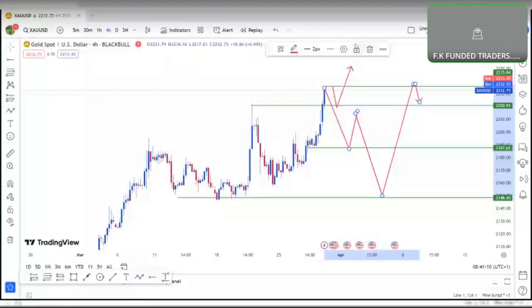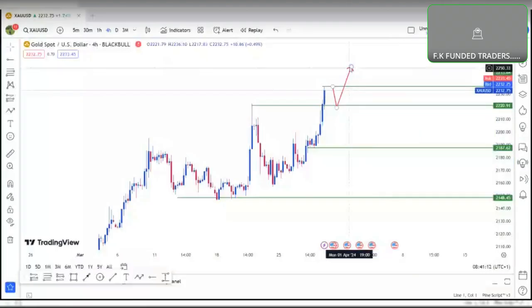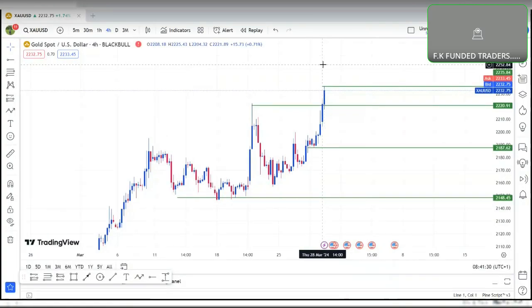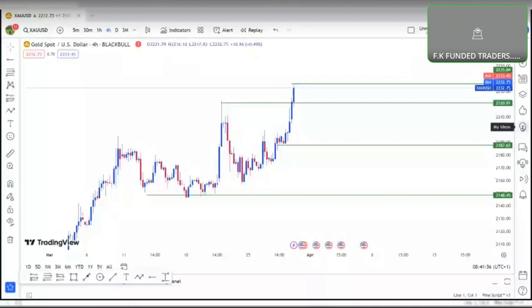All those are expectations, but you have to still analyze until we go to the 30-minute time frame, so that we can know whether today I'm taking trades or not. Remember, the week is full of bank holidays, and this is gold. You must be able to know where you're going. We're having a lot of pumping in the market. As I speak now, gold is having the all-time high.